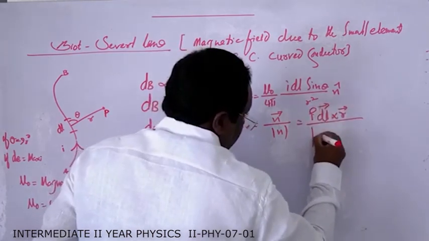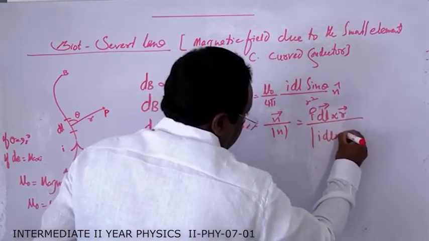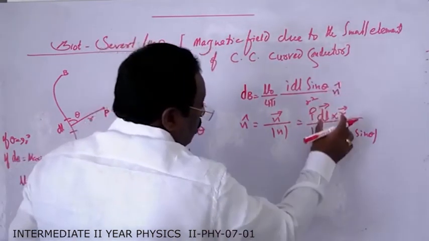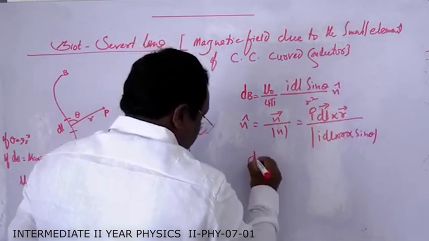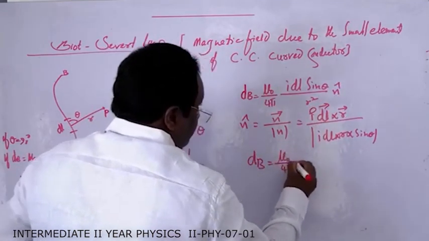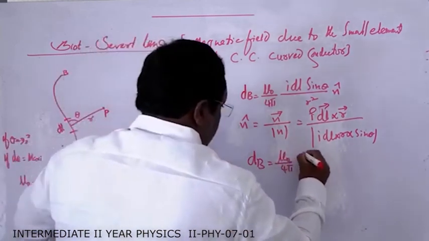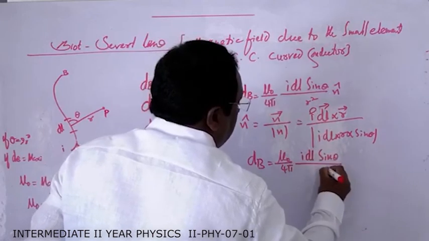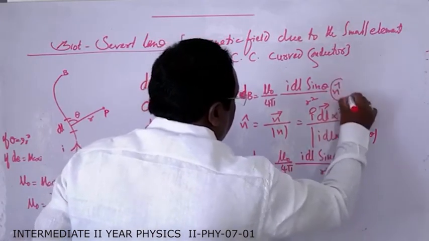Now instead of the unit vector, we substitute this value. dB becomes mu naught by 4 pi, I dl sin theta upon r square, instead of the unit vector.